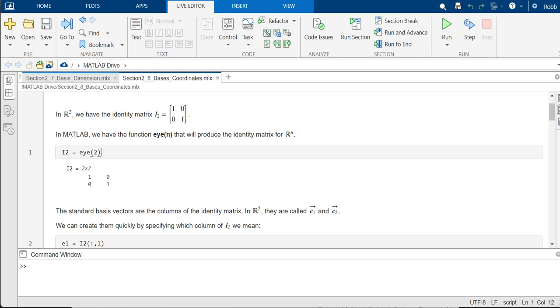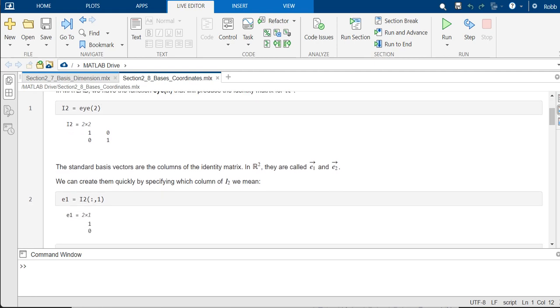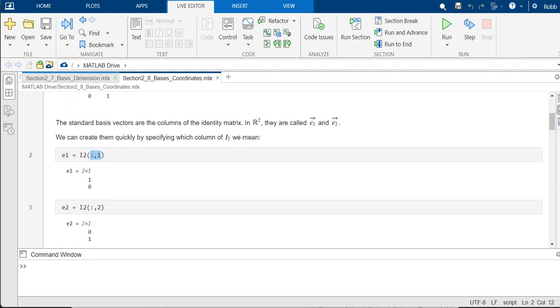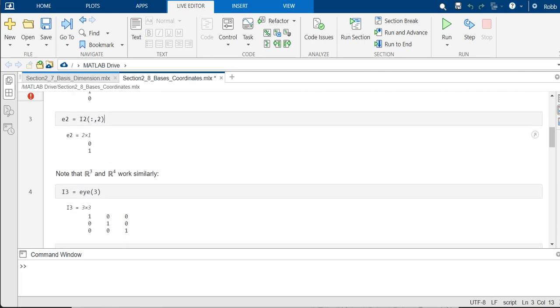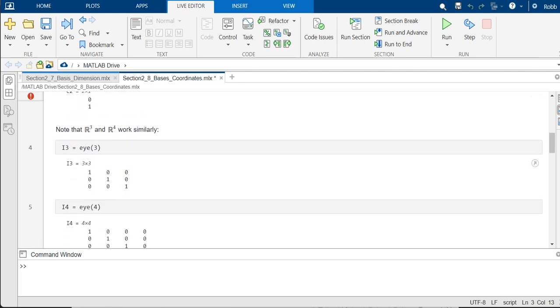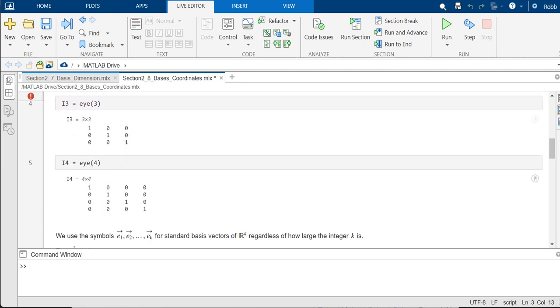And I get it by just doing I parentheses 2. And I can actually grab E1 by grabbing the first column of I sub 2, and I can grab the vector E2 by getting the second column of I sub 2. So you see what we're doing here. All right. And I3 and I4 work exactly the same way.